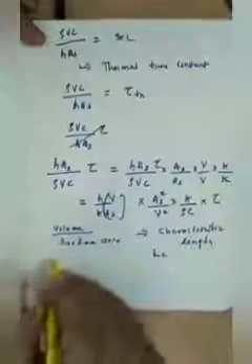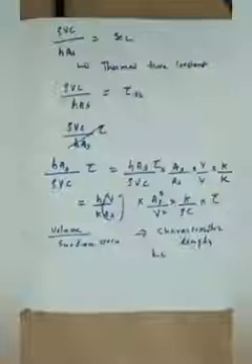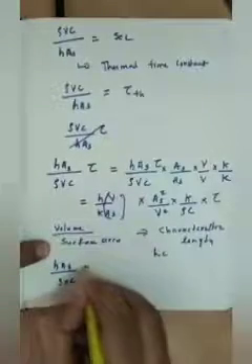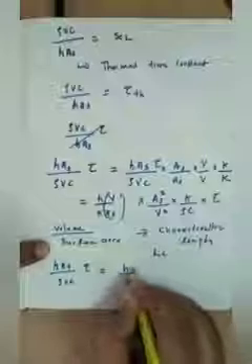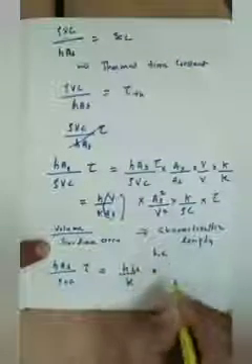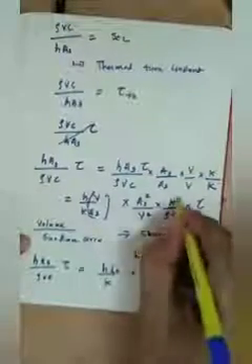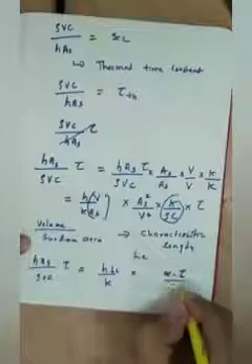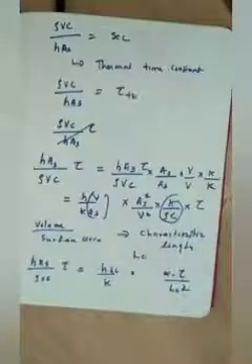So I can rewrite this equation HAS by rho Vc tau as H by K LC into K by rho C, which is alpha, tau into LC square.